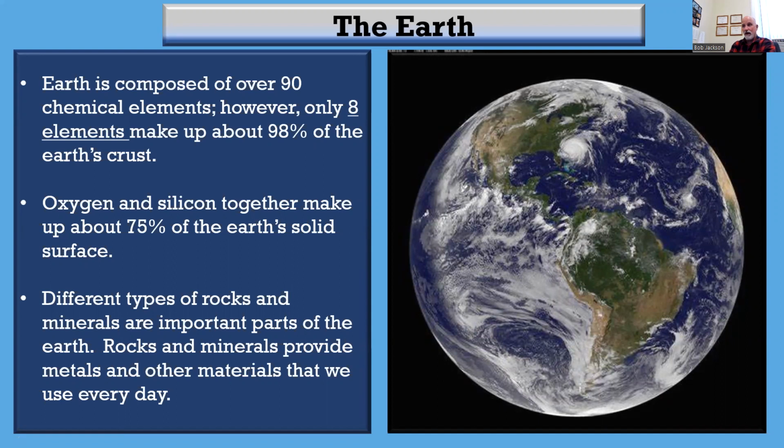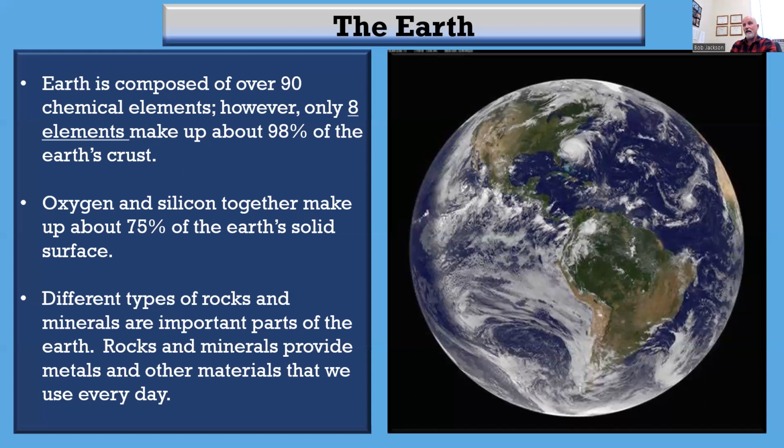On the periodic table of elements, you've seen there's 118 elements as we know it today. Only 90 of them are naturally occurring. You're only going to find 90 of those elements in the Earth, or mine them out of the Earth, use them for whatever. The rest of them are man-made or synthetic, which we made from the other elements.